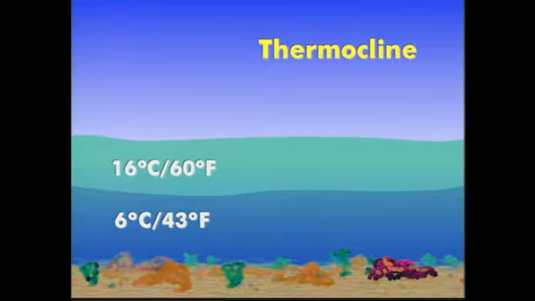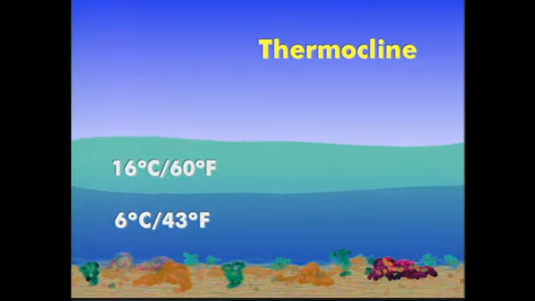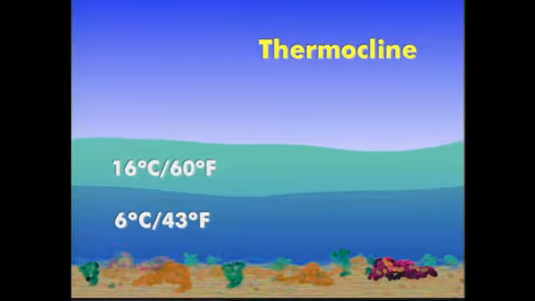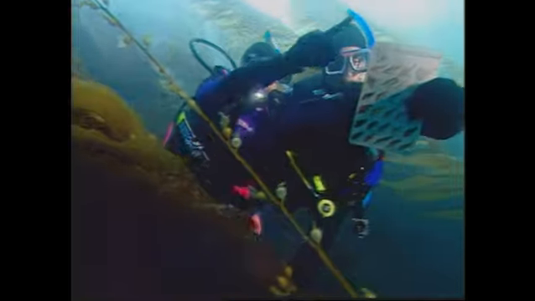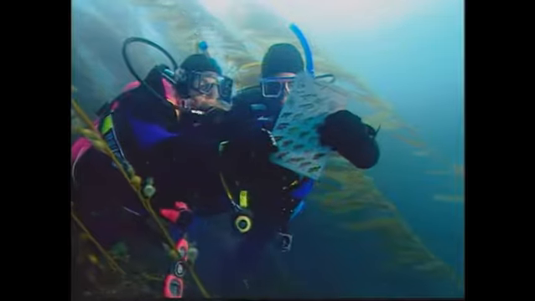Different temperatures tend to form distinct layers, so in calm water you drop abruptly from warmer into cooler water. This is called a thermocline, and the difference above and below it can be as much as 8 to 11 degrees Celsius, 15 to 20 degrees Fahrenheit. So for adequate protection, choose your exposure suit based on the temperature at your dive depth.